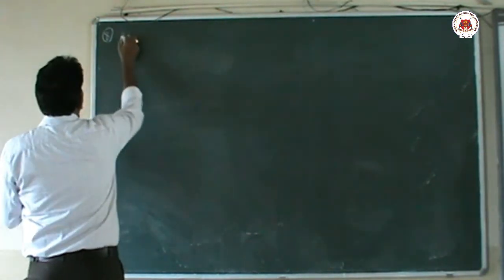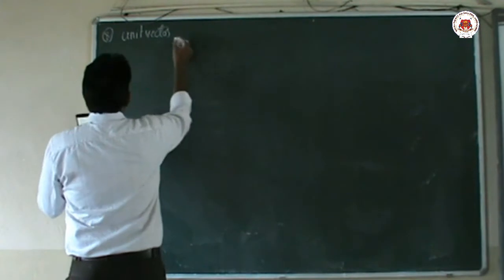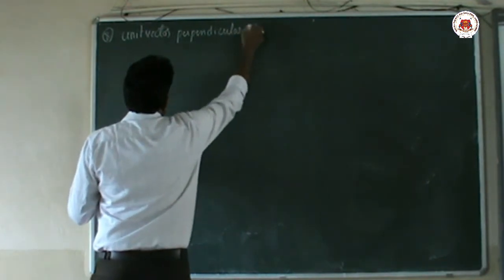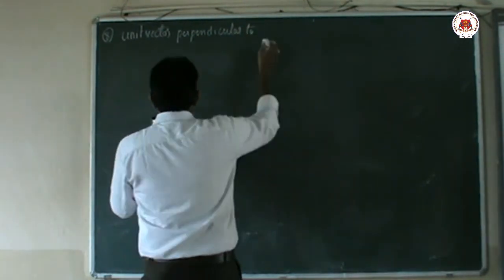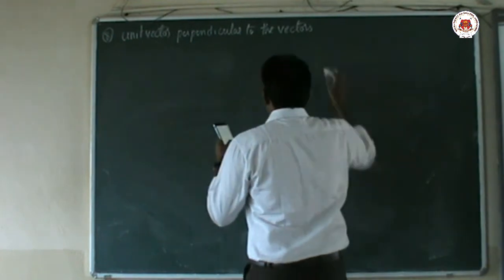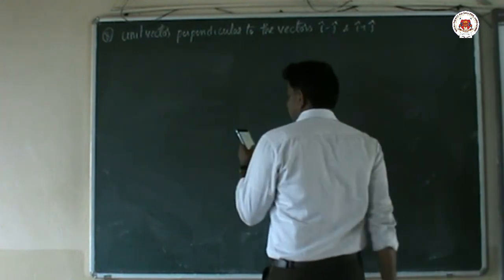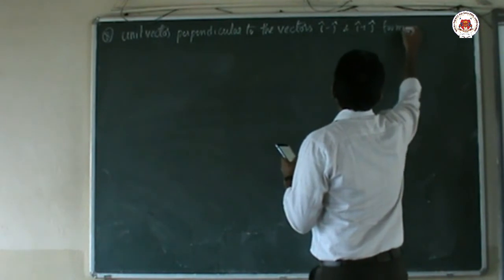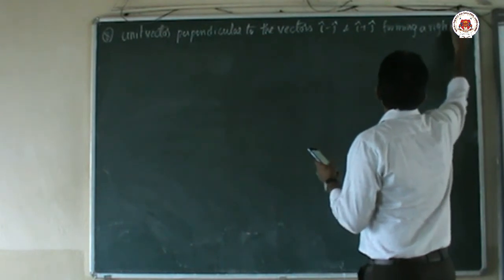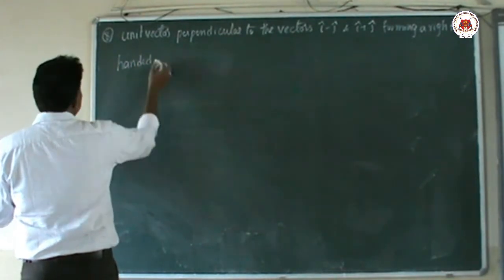The unit vector perpendicular to the vectors i cap minus j cap and i cap plus j cap, forming a right-handed system is.